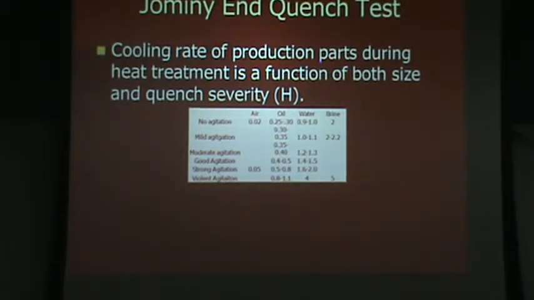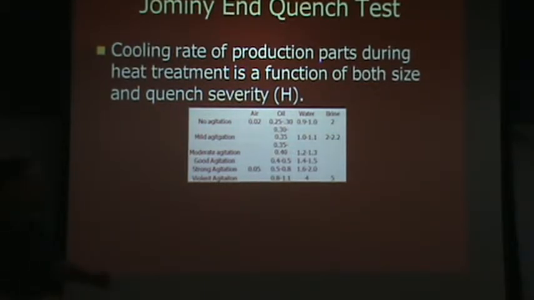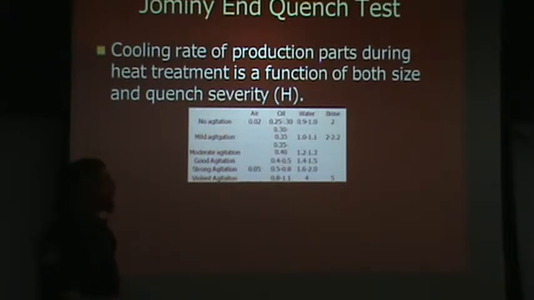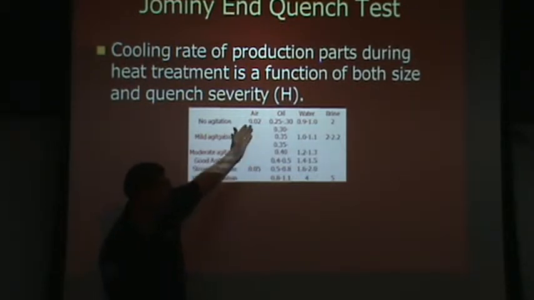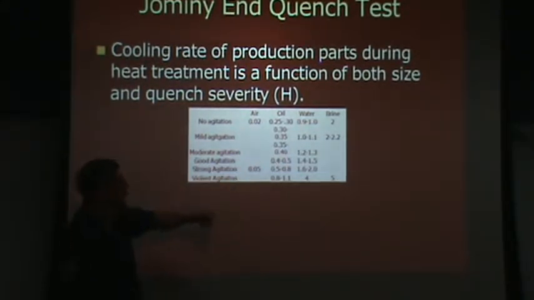Okay. So why bother with the geometry or the ideal diameter? The reason is because we have varying cooling rates during heat treatment. As I mentioned before, we have different fluids available to us, and we assign the fluids a thing called a quench severity number, which is typically designated with an H. You can see here what you get for typical H values for different fluids.